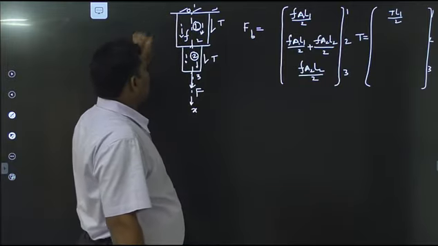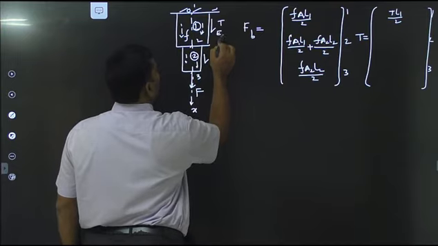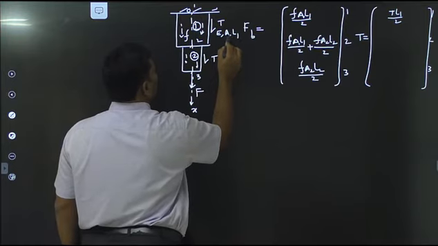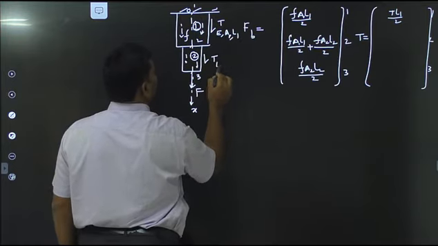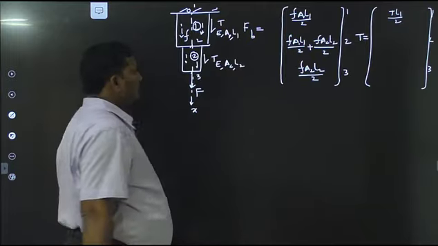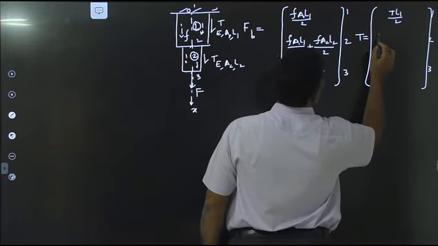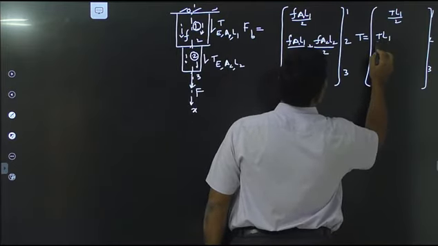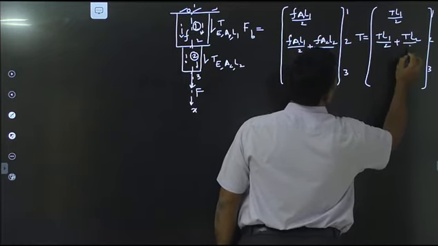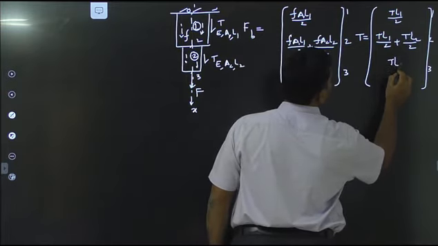L1 is the length of the first element. Second element, tell me, it is T L1 by 2 plus T L2 by 2. And here the element in the 3 by 1 location is T L2 by 2.